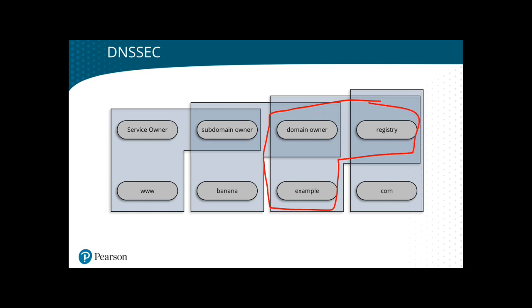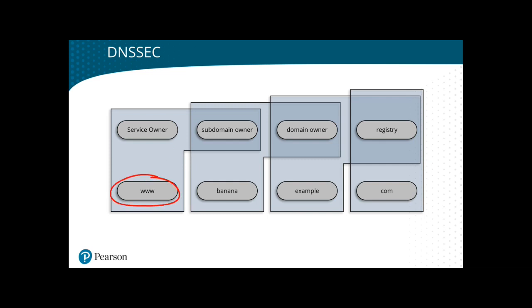Now the domain owner for example.com will then sign banana.example.com, and then the subdomain owner can actually sign for the service owner for www. So you have this onion layer or onion peel way of seeing what's been signed.